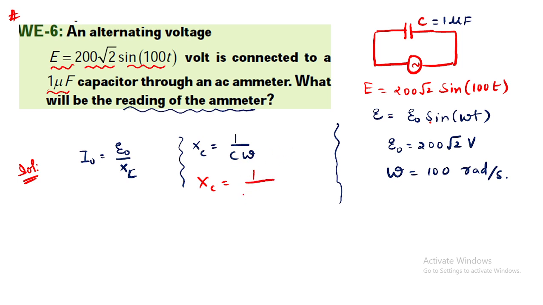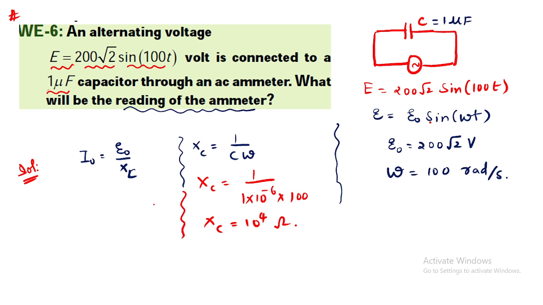C is how much here? 1 microfarad, 10 power minus 6. Omega is 100. Sorry, Shabri, it is 100. Shabri, legend. So XC value is how much? 10 power 4 ohms.